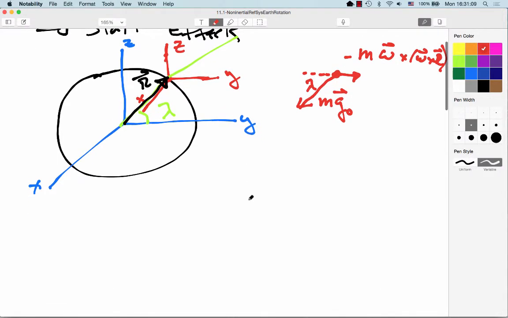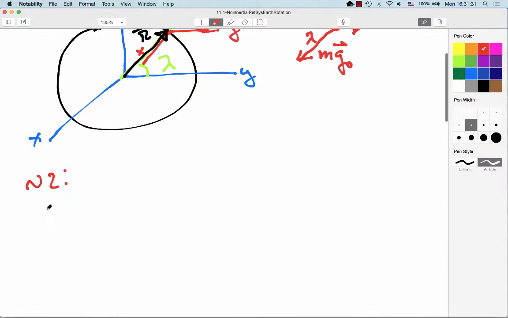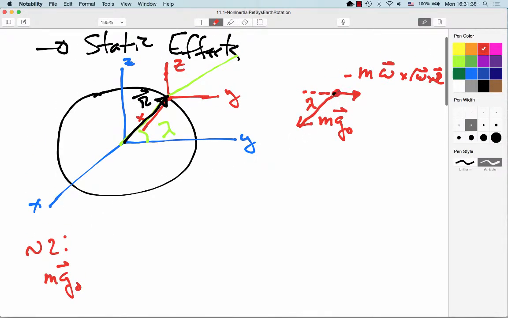Okay. So with that, we can go ahead and write our Newton's second law for our pendulum bob, and we're going to do that in the rotating frame. So our force is m g naught. Since this is a pendulum bob, we've also got a force of tension acting.